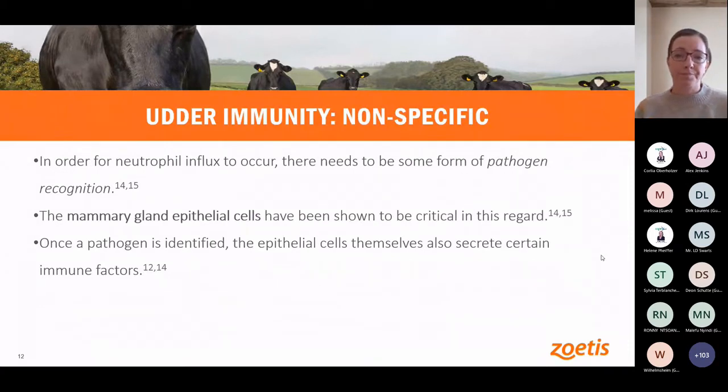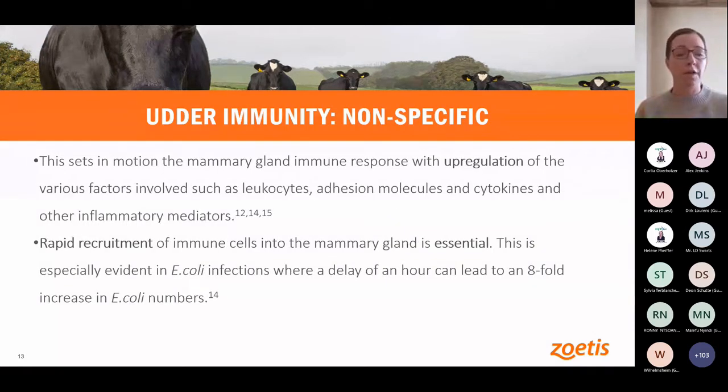All right, so once that pathogen has been identified, the epithelial cells can also secrete certain immune factors, which leads to a whole cascade of immune response and upregulation of various factors that can then come and help in fighting the infection, right? So this rapid recruitment of immune cells out of the circulatory system into the udder is very, very important, especially when you think of infections like E. coli, where just a little bit of a delay can lead to quite a hefty increase in bacterial numbers.